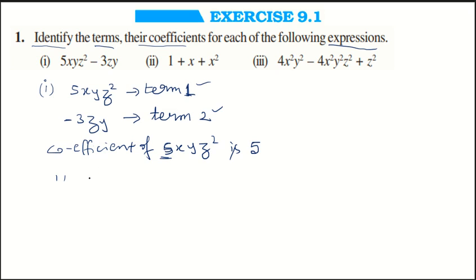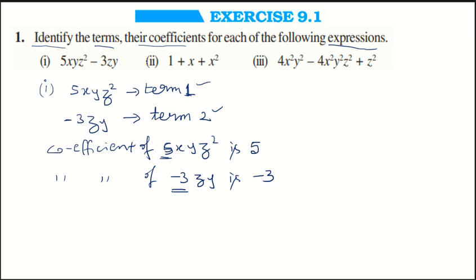Similarly, coefficient of second term, that is 3 zy, is minus 3, which is the numerical part of it. So this is how we do this main question.